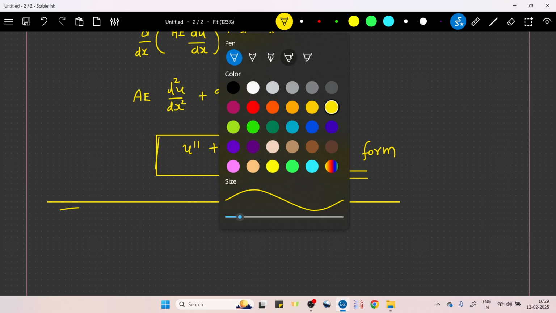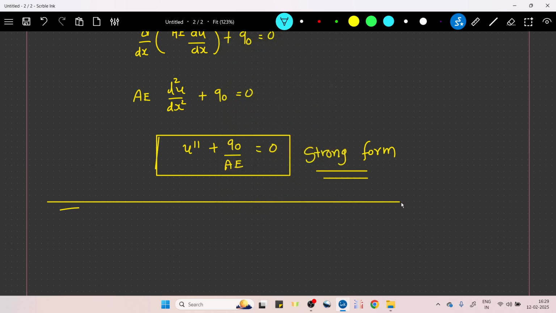So that in future when we get the FEA solution, we will compare it with our analytical solution. So I'll say analytical solution to our strong form.